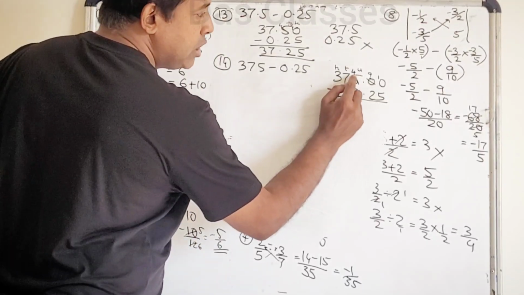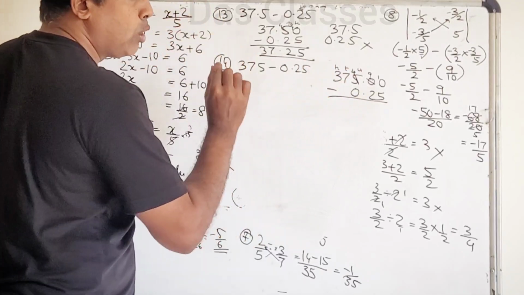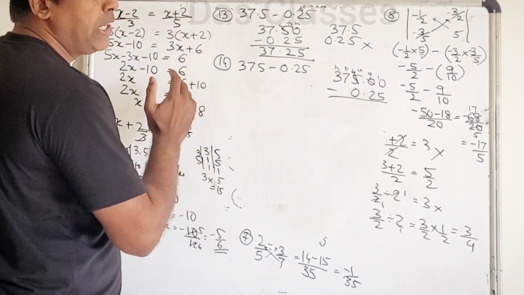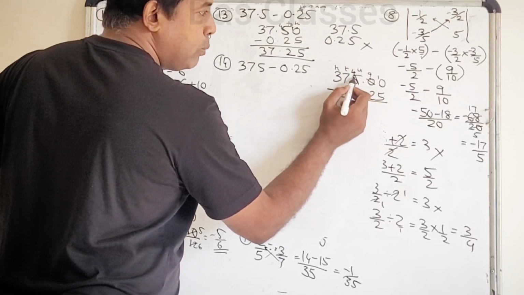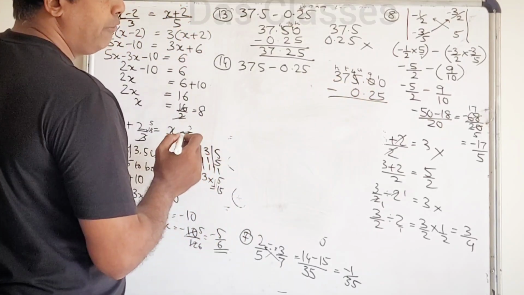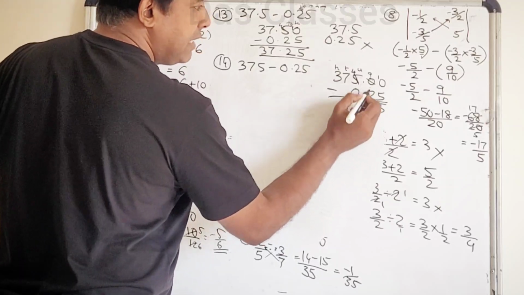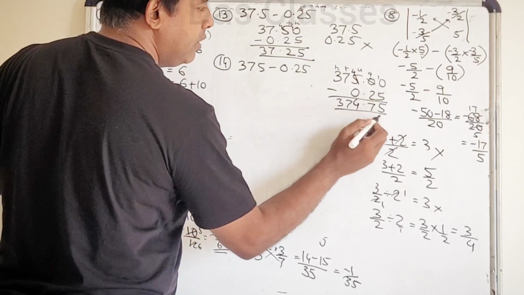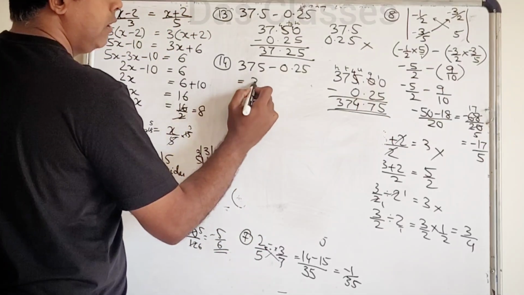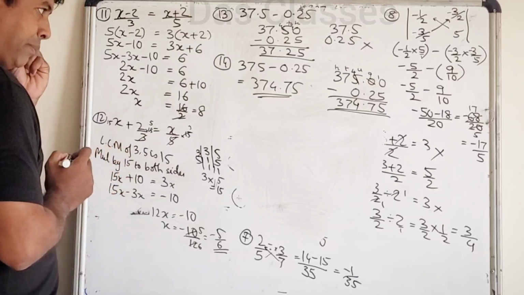Just imagine if this was a 0, again it would be 9, and you continue till you get a natural number from where you can borrow. Like for example, here it has become 9, so I have to borrow from the next number, and it has become 4. So 5, 9 minus 2 is 7, 4. 374.75 is the answer.